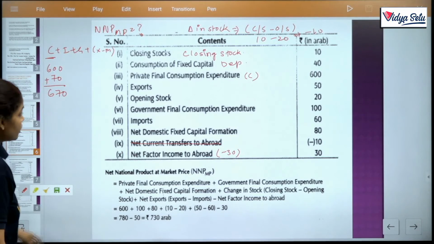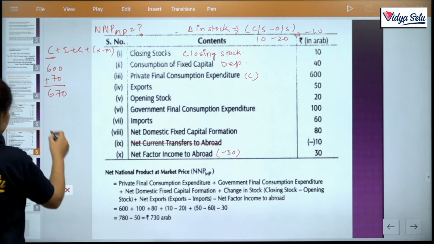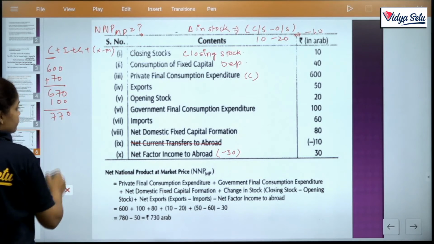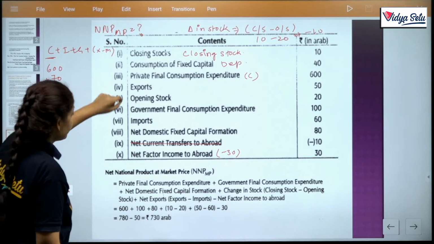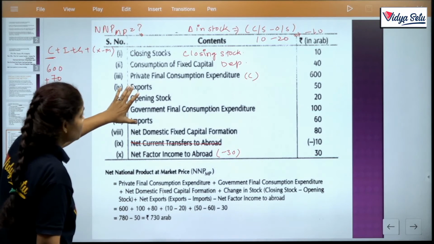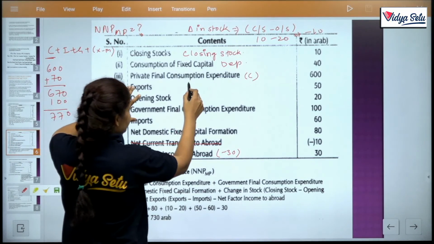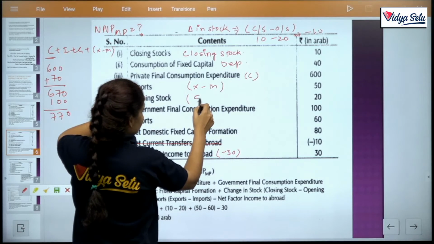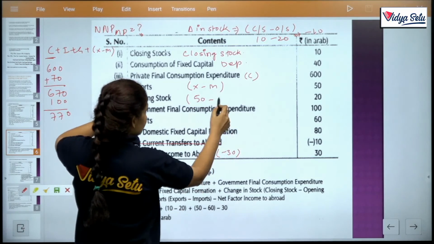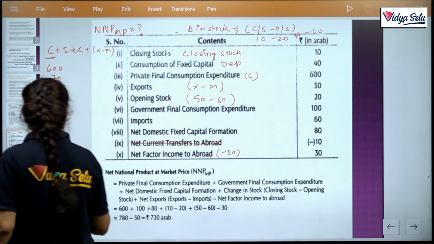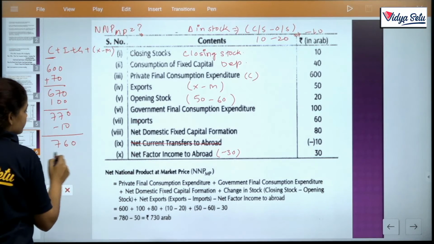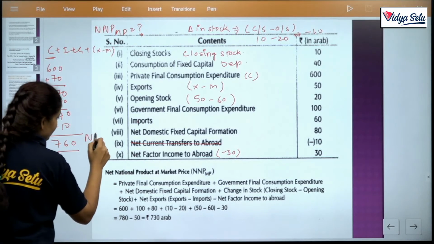For G, government final consumption expenditure, just add 70. Okay. For X minus M, import is given, export is given. So X minus M, that is 50 minus 60, again minus 10, that is 760. So we are on NDP MP.